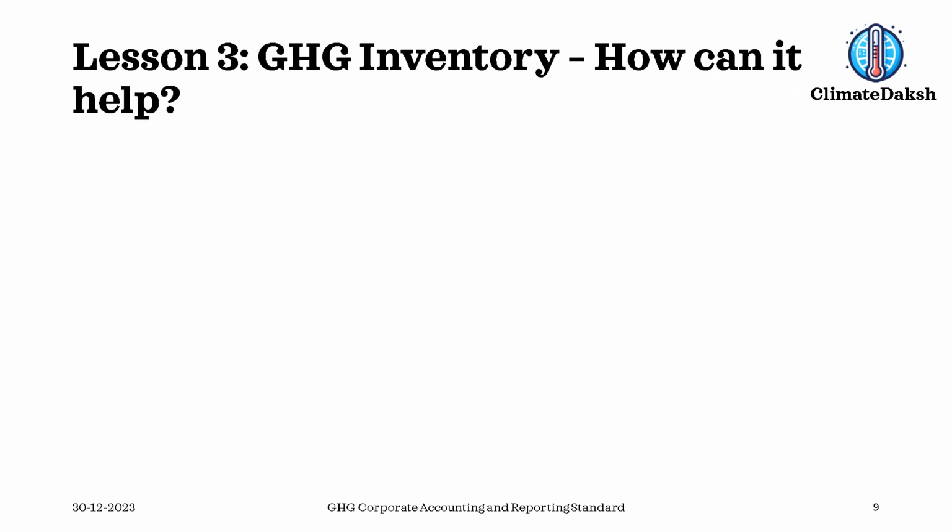Now, how can GHG inventory help a company? As discussed earlier, climate change will be an existential threat to our next generations. The world over, many countries have declared net zero targets, and regulations for reduction of emissions will be stricter in the near future. Climate change poses transition risks such as upcoming policy or legal actions, technology changes, market responses, and reputational considerations.